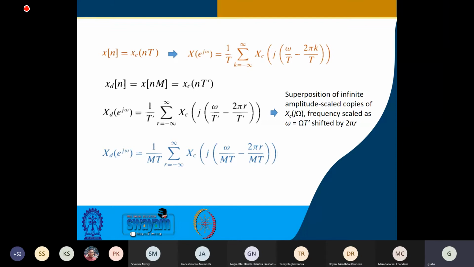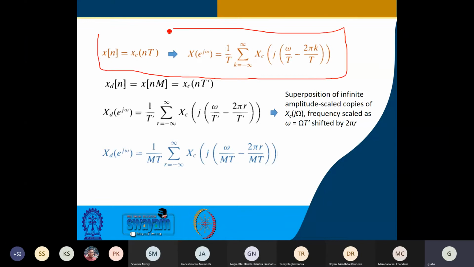Now this part we already know. We are using this relationship time and again. Okay, so if this is sampled at a rate with an interval T, or at a rate 1 upon T, then the corresponding DTFT relationship is this, with the original time domain signal, right? So this is 1 upon T that is there, and these are copies of this, 2 pi apart.